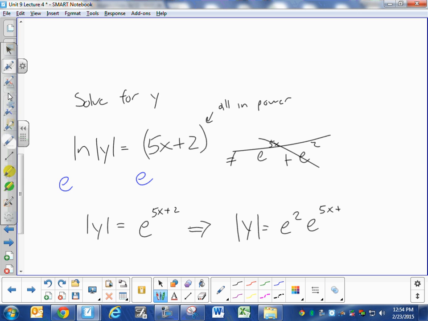Yes, you usually write it like e to the 5x times e squared, but we'll want to bring this out in front for a reason that we'll see in a little bit. And then this absolute value, what's really interesting is that we don't need the absolute value in this situation, because no matter what x I plug in, this is going to be positive, because e to the x is always positive. So this is just y.